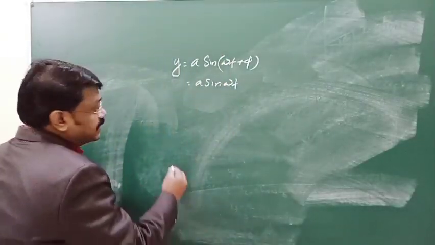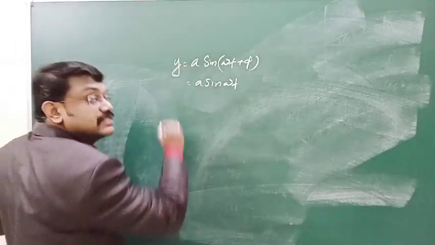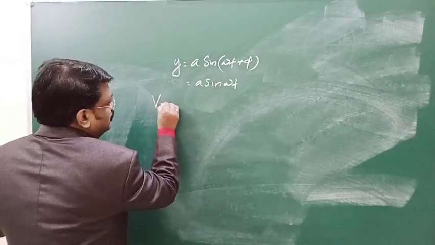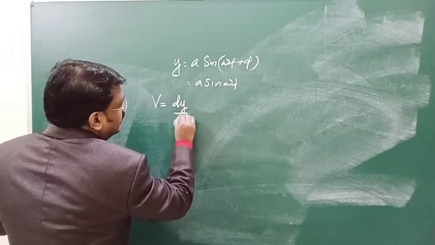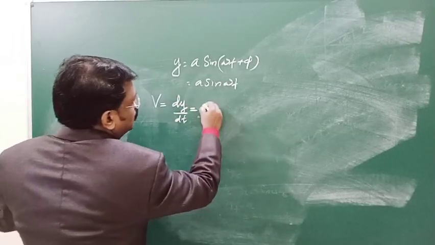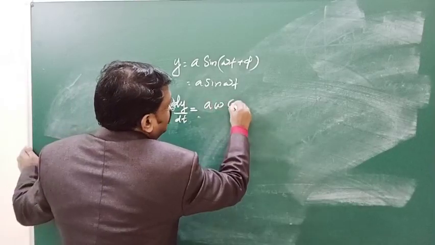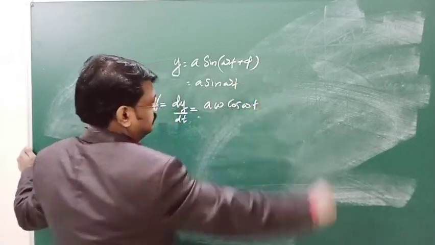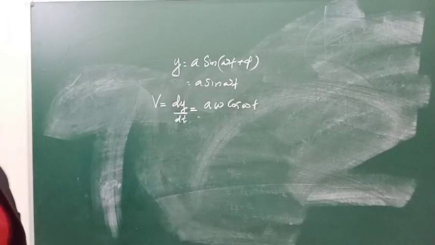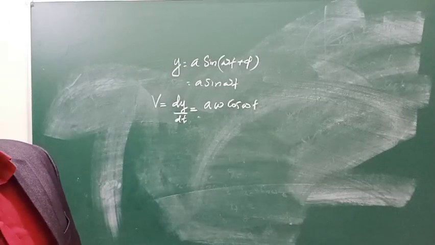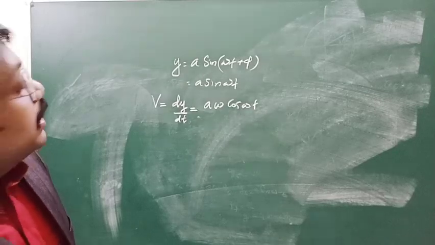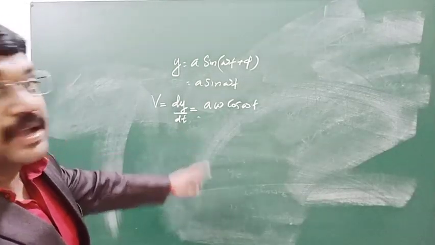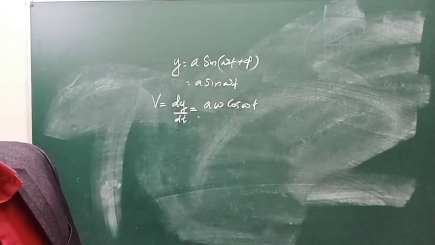When you take the derivative of y with respect to t, you will get the velocity of SHM. So v is equal to dy by dt, which is a omega cos omega t. The differential of sin omega t is cos omega t.